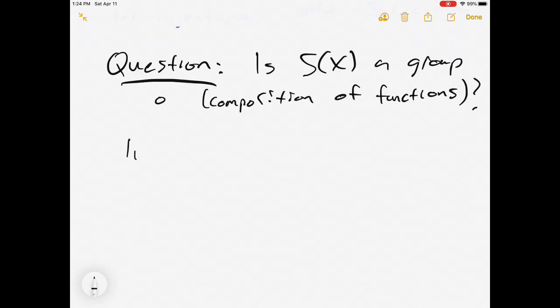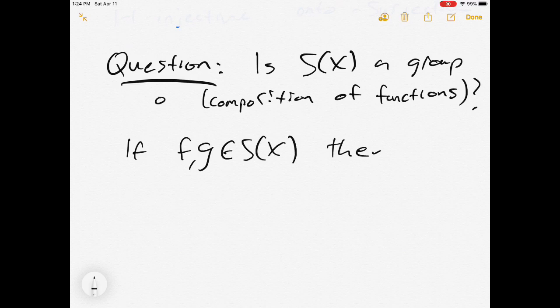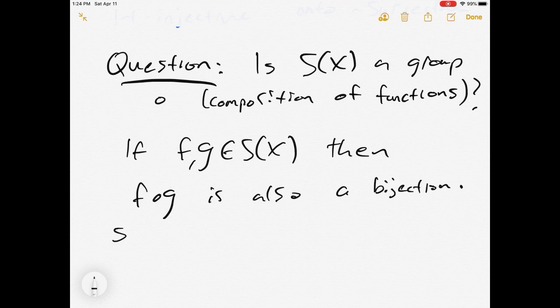Well, if I have two bijections, f and g, then it's easy to prove that f composed with g is also a bijection. So composition of functions is a binary operation on the set.